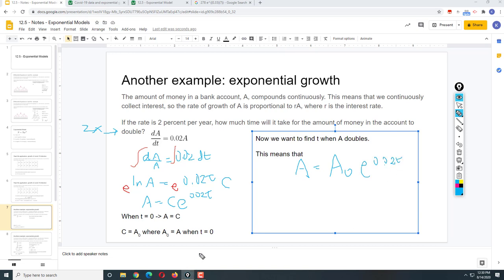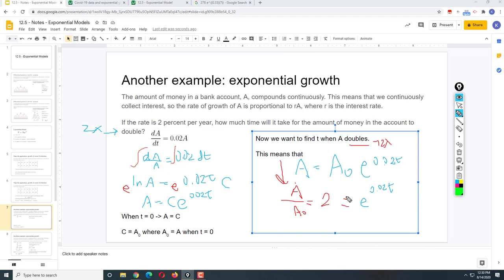Now we want to find the t when A doubles. Doubles means 2 times. That means that A over A naught is equal to 2. But A over A naught is just equal to e to the 0.02t. Okay.